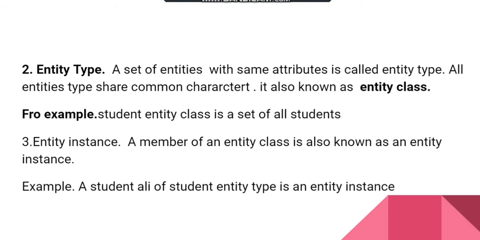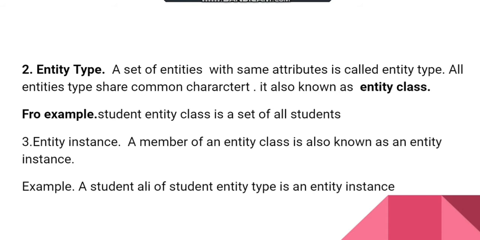It is just like the concept of classes and objects: a student is a class and the object is Ali. So the instance of the entity is Ali here, and the entity is student.